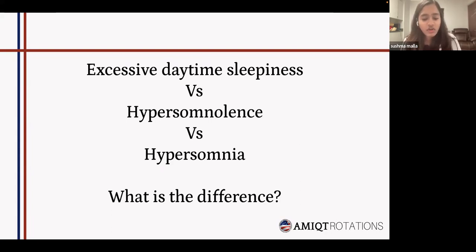But in the DSM of mental disorders, hypersomnolence is used as a disorder, like hypersomnolence disorder. It usually refers to patients who feel excessive daytime sleepiness with multiple sleep attacks, and who don't feel rested even after their sleep. In our discussion, we can use hypersomnia, but we won't be using hypersomnolence because it is used in many places with different meanings.